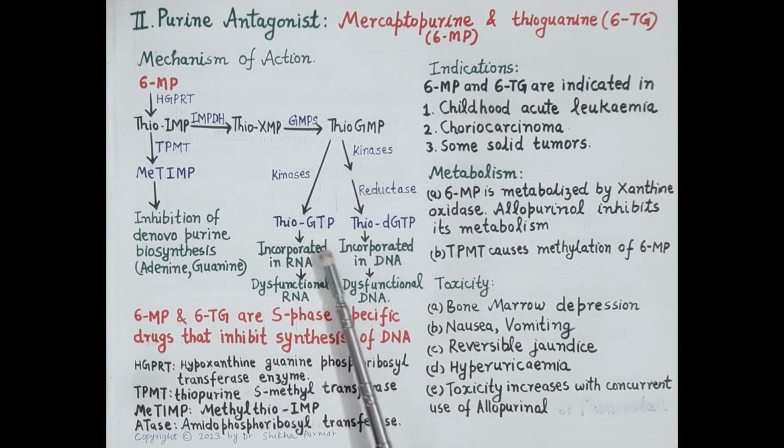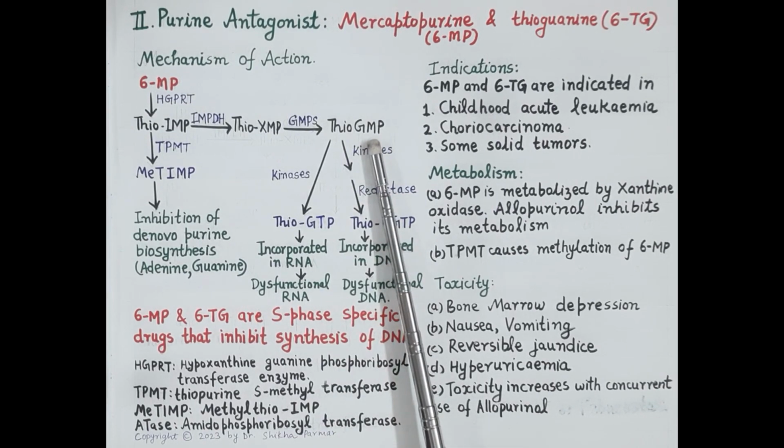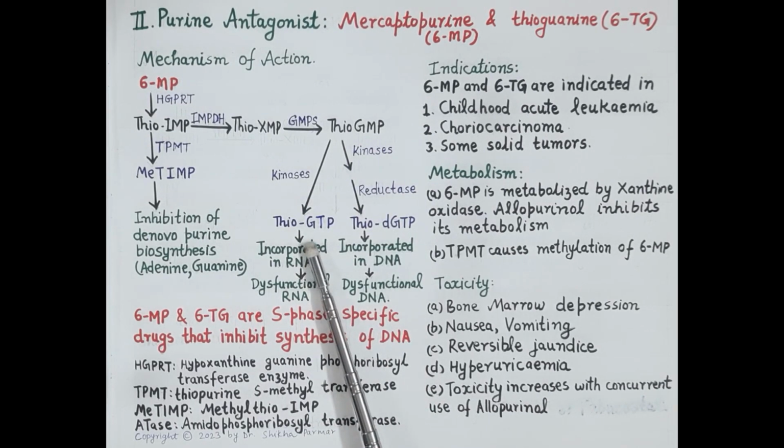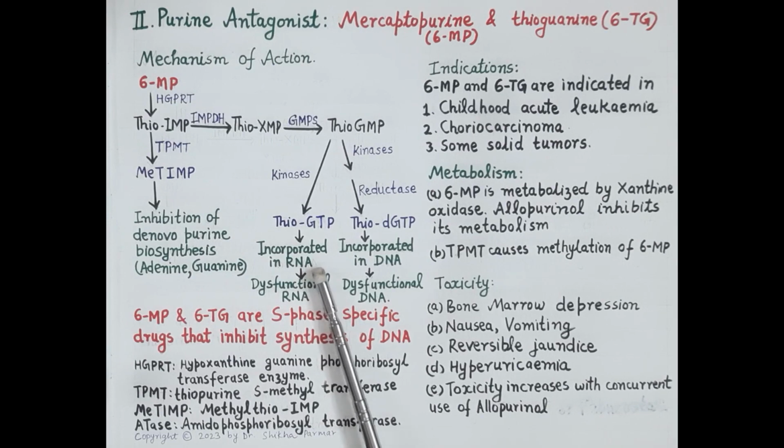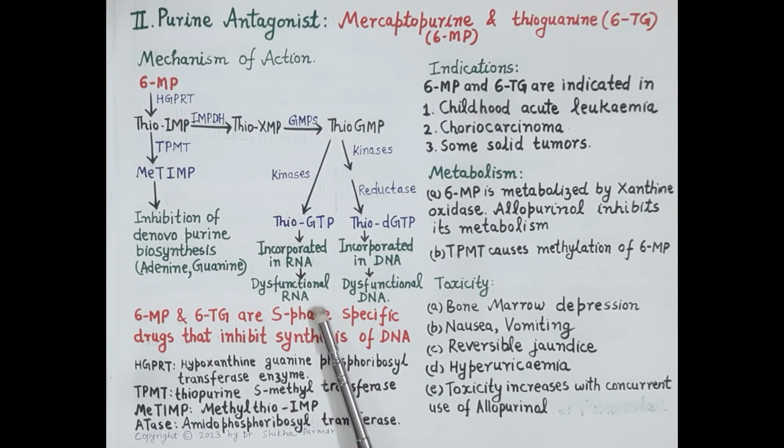So, GMP is phosphorylated to GTP. So, thio-GMP is phosphorylated to thioguanosine triphosphate. Now, this thioguanosine triphosphate gets incorporated in the RNA in place of the normal guanosine triphosphate nucleotide, and this produces dysfunctional RNA.